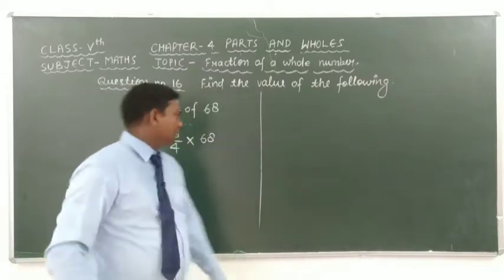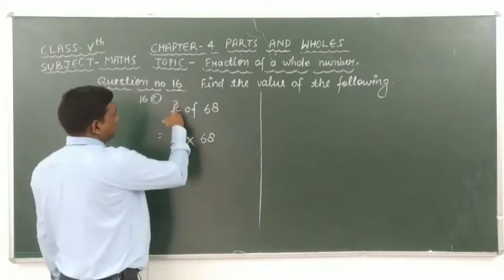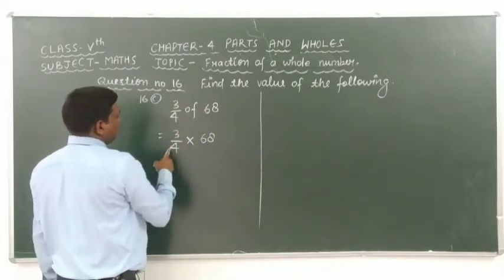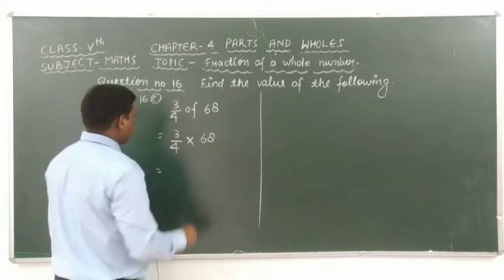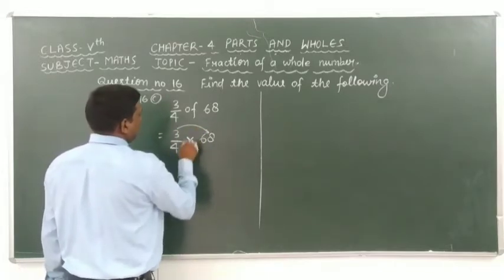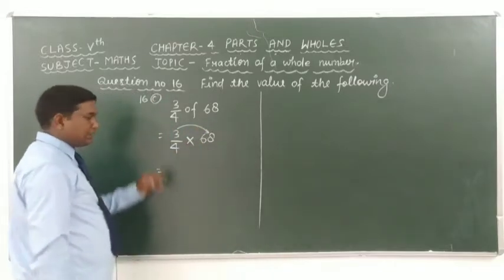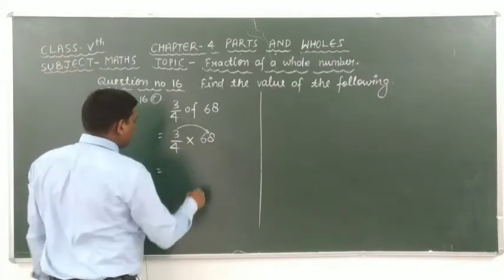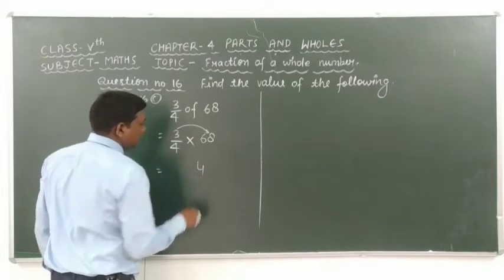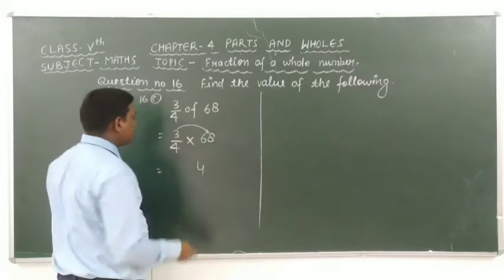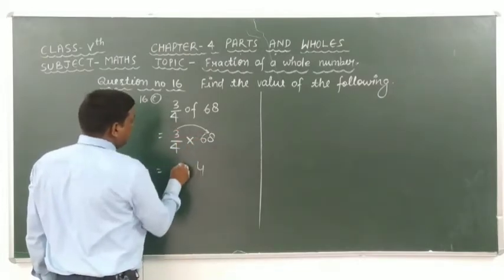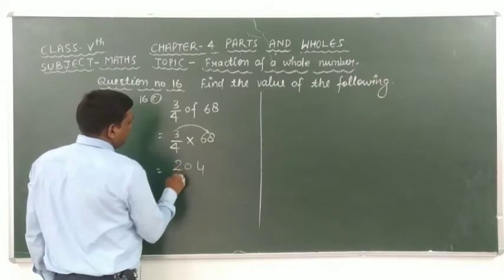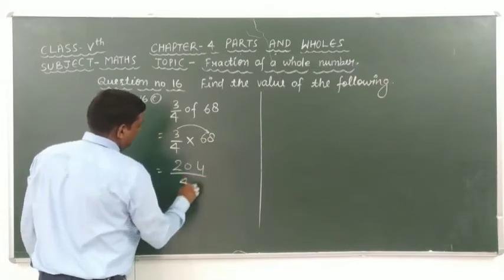It means that this can be written as 3 over 4 into 68. Firstly we have to take the multiplication of 3 and 68. Look, 3 times 8 is 24, 24, write 4 carry 2. Dear students, please keep in mind 3 times 6 is 18, 18 plus 2 is 20, so 204 over 4.